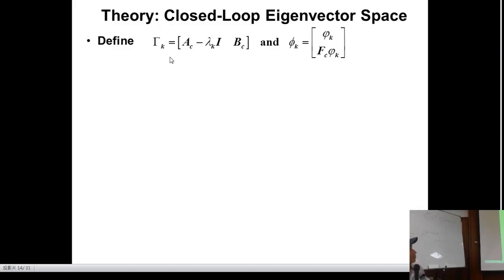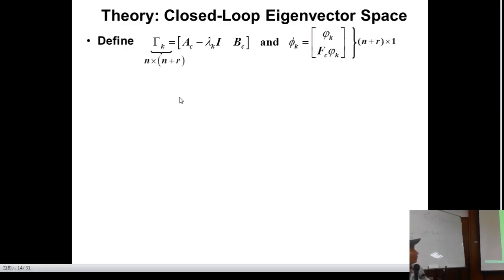So define, for each eigenvalue lambda k, I can define a gamma k. I define gamma k equal to parentheses AC minus lambda k I, then BC. Then I have a phi k equal to psi k, then FC psi k.